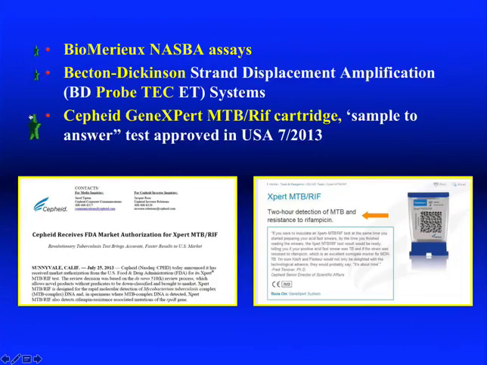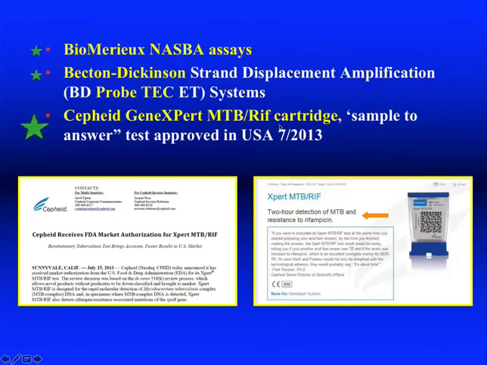And I must mention this very nice one that became available in the middle of 2013 in the US. It had been available in Africa for a long time, and a very useful cartridge from Cepheid in the GeneXpert is the MTB RIF cartridge.